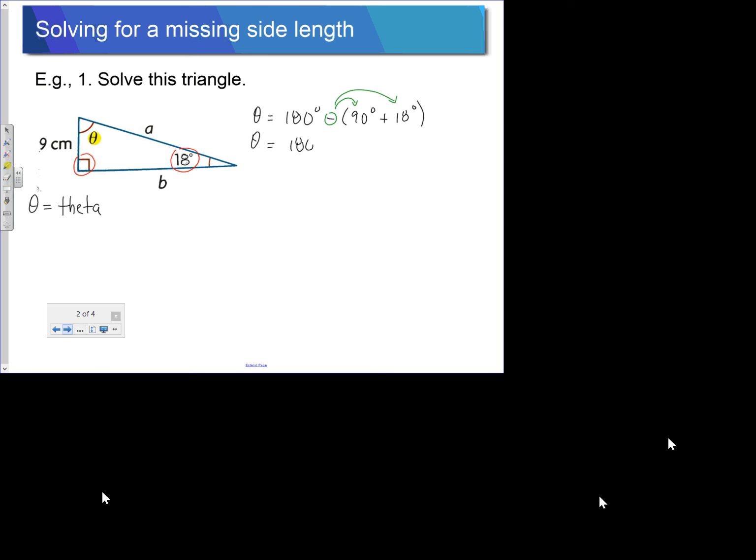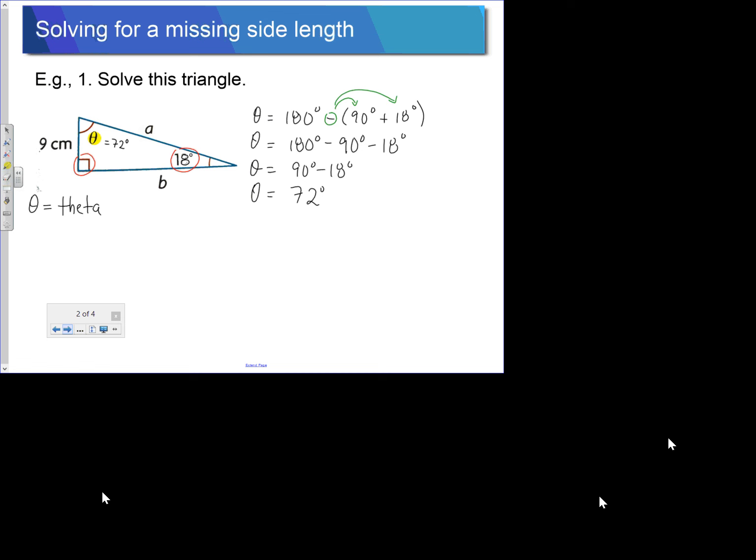So we can remove the parentheses and you can see how the sign changes. So theta then would be 90 minus 18, or otherwise, what we have here, 72 degrees. So that's the value of theta. It's 72 degrees.